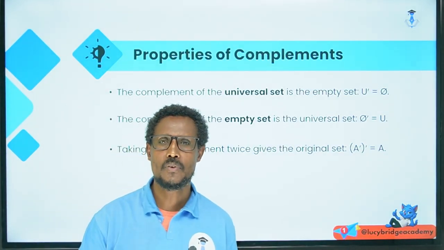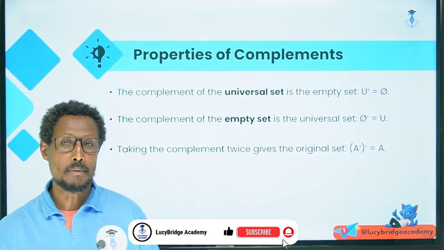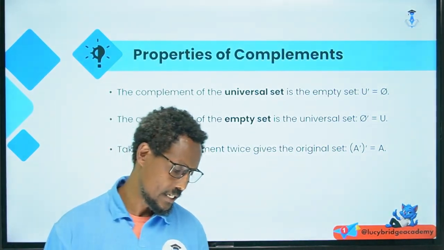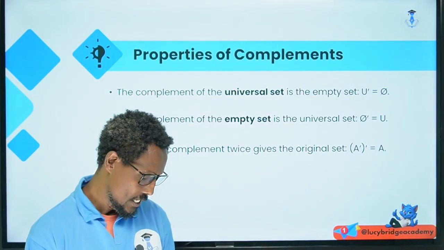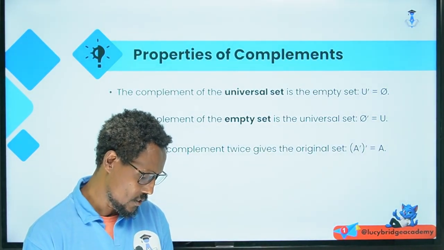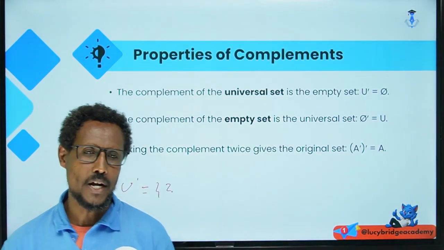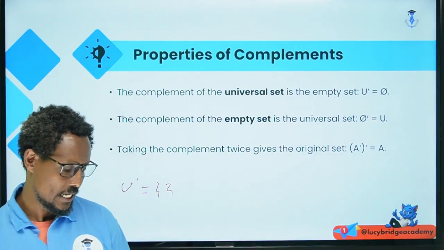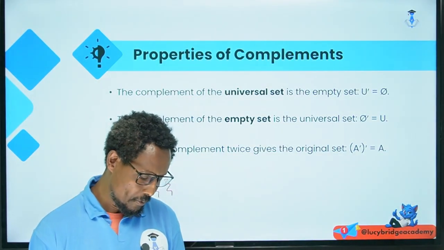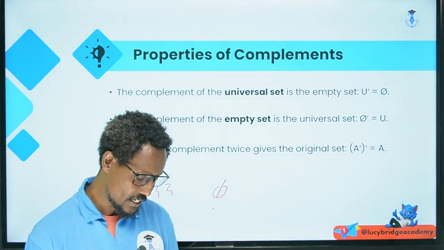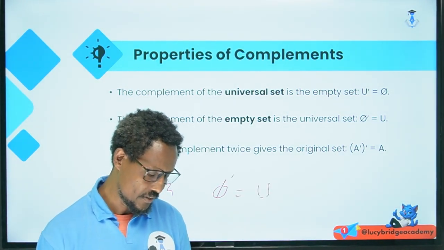There is no element outside of our universal set. Therefore, U complement is equal to the empty set. Again, the empty set complement is the universal set.